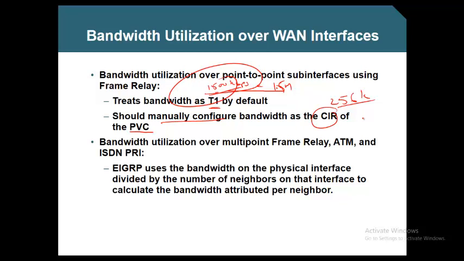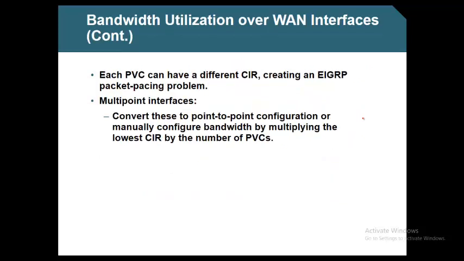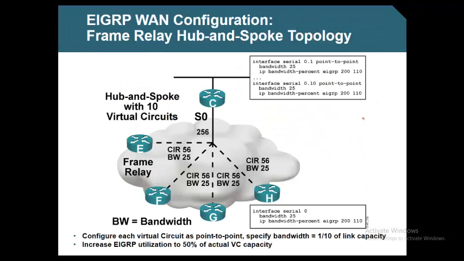EIGRP is a Cisco protocol. So these things will never come in other vendors. The story is the same. NXOS is Cisco. NXOS supports EIGRP. So same story.